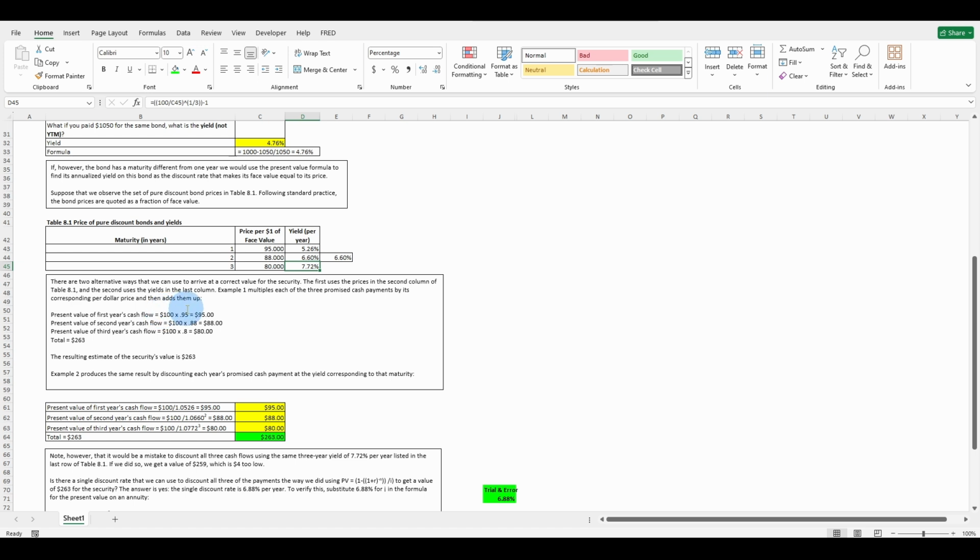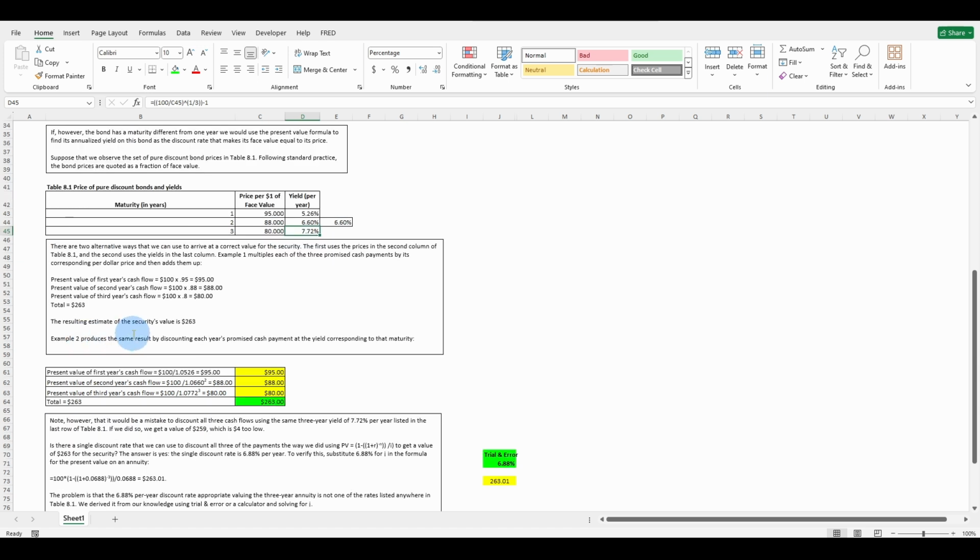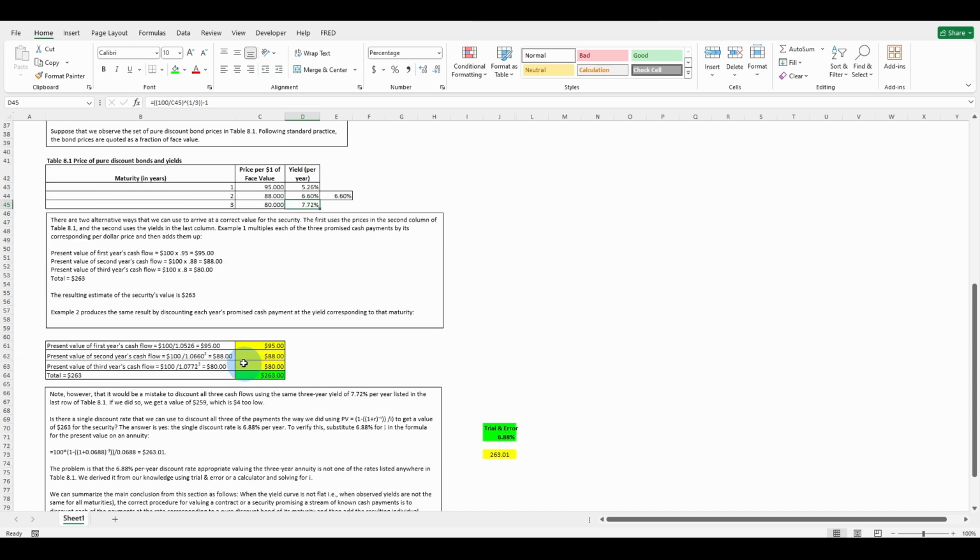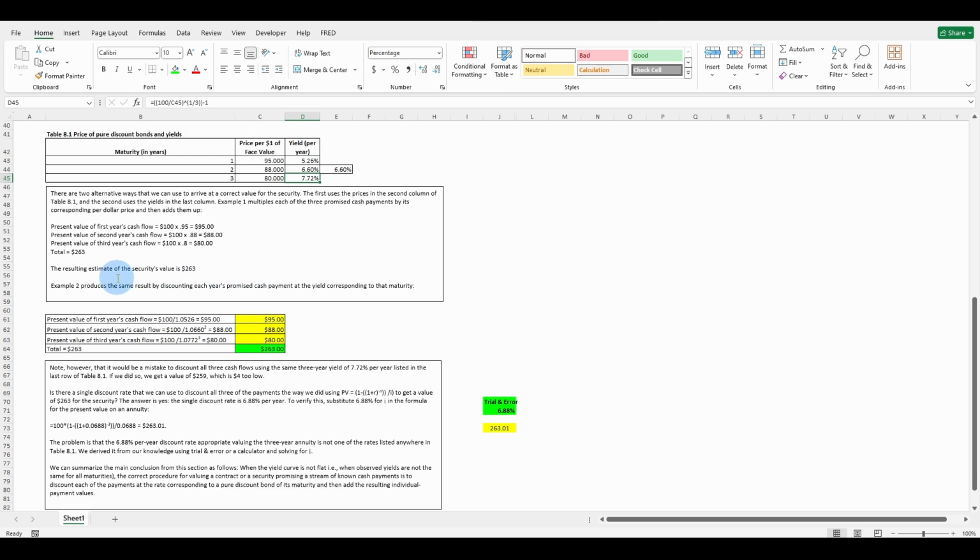So 100 times 95, 100 times 88, 100 times 80 equals 263. The resulting estimate of the security's value is 263. What happens? Over 3 years, it goes from 263 to what? To 300.